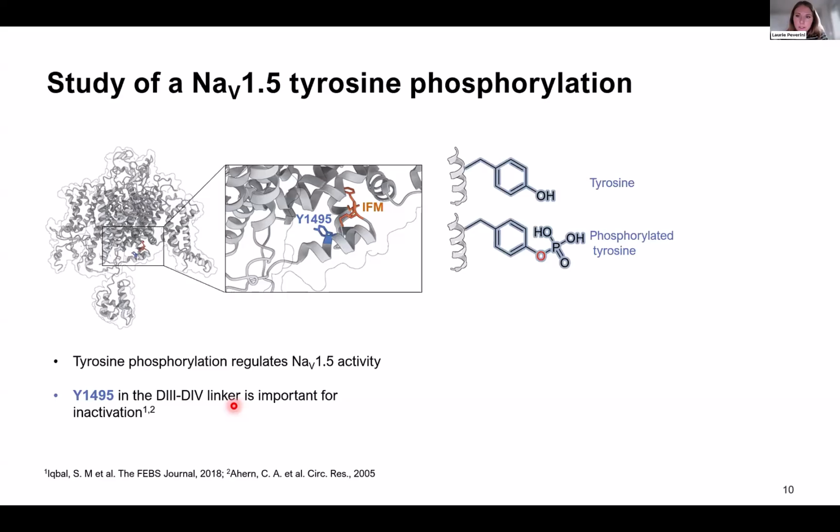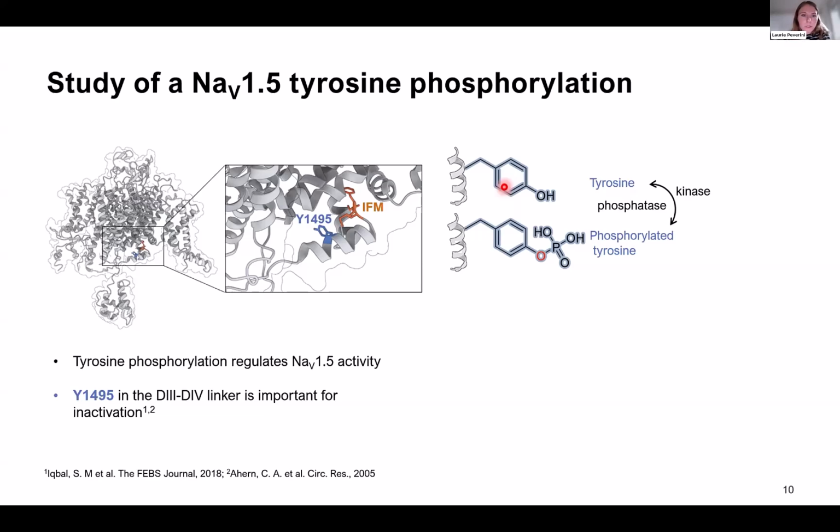But phosphorylation is quite difficult to study directly because in the cellular context, tyrosine can be phosphorylated by kinases and dephosphorylated by phosphatases. So it leads to a dynamic equilibrium of phosphorylated and non-phosphorylated proteins, with no control on the amount of phosphorylated protein that we observe.